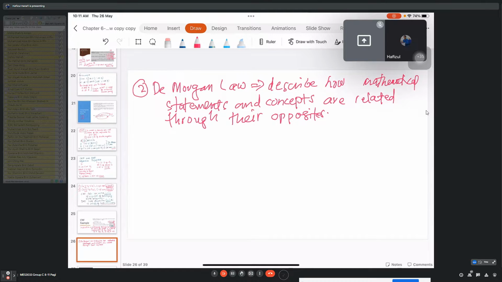In propositional logic, De Morgan's law is related to conjunction and disjunction.